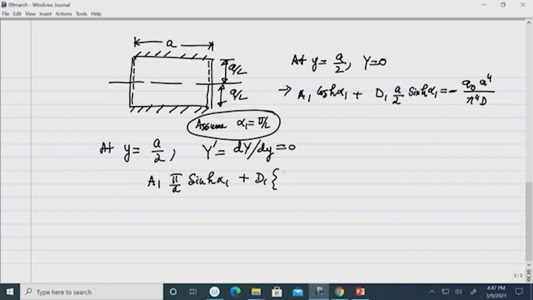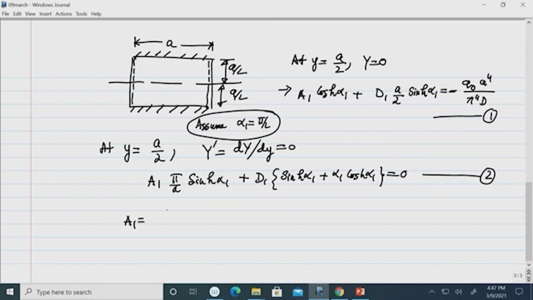So, you get two terms, sin hyperbolic alpha 1 plus alpha 1 cos hyperbolic alpha 1, equal to 0, because the derivative of the constant term will be 0. So, this is your first equation and this is your second equation after application of the boundary conditions. So, a1 and d1 can be solved.